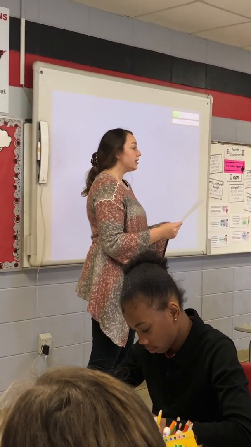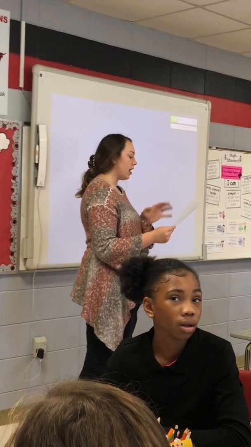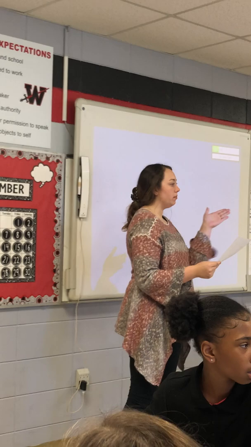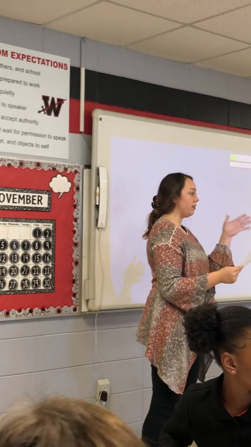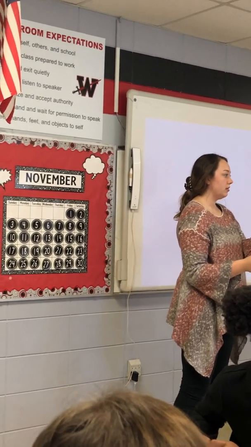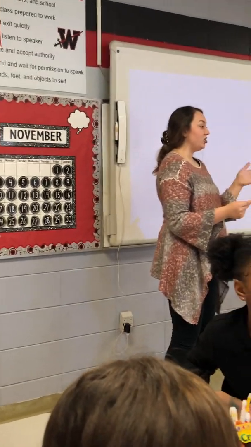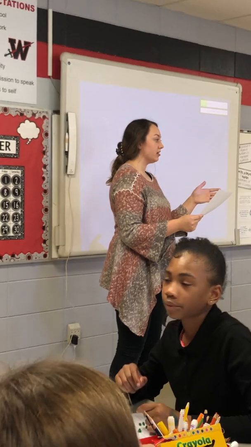And 7 is greater. So on your number line, first you found the absolute value of negative 5 by putting your manipulative on what number? On negative 5, and then you counted until you got to 0, right? And then on the next number line, you used your manipulatives on what number?